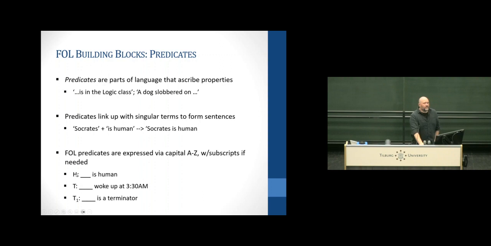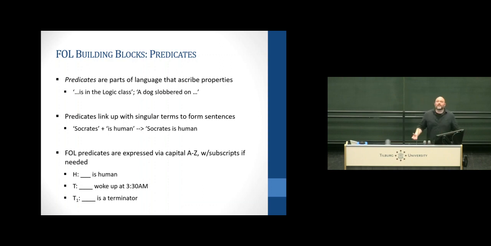Or you might also see it written as Hx. And that's just a way to say, hey, x is human. And remember, x is a variable that we could replace with names. Or T is woke up at 3:30. Or T1 is a terminator. Again, what are we going to do? To get a sentence, we're going to plug in names and variables to give us complete sentences.